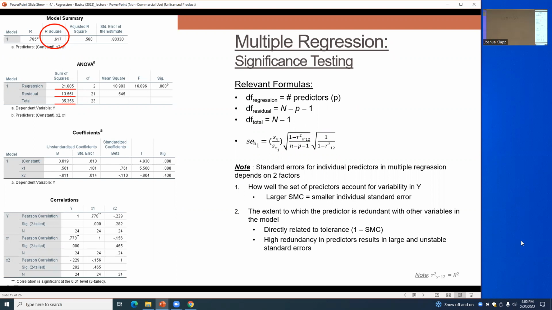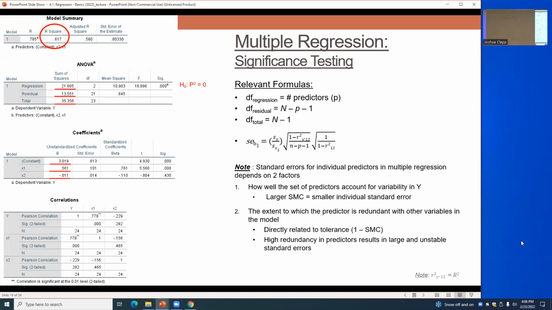My F or ANOVA table all comes together. This is still a test of my overall model, testing against the null hypothesis that the population R squared value is equal to 0. Here, I'm saying it's clearly not, right? Again, even with a small sample here, we've got some predictors that are doing pretty good, okay?